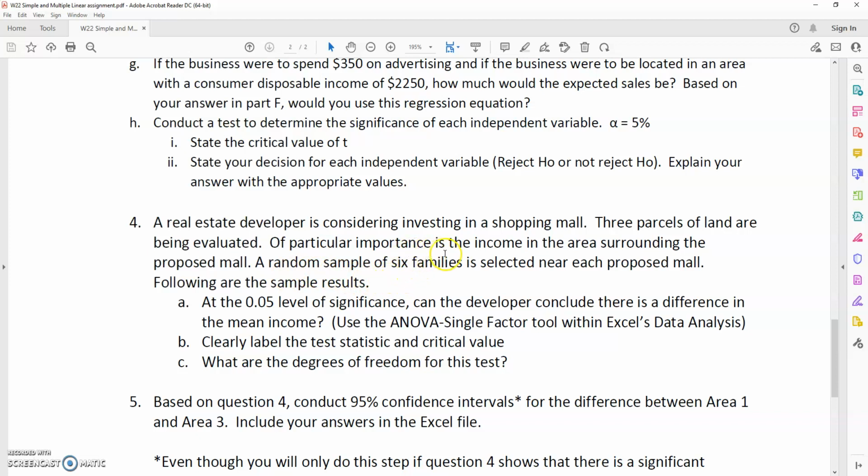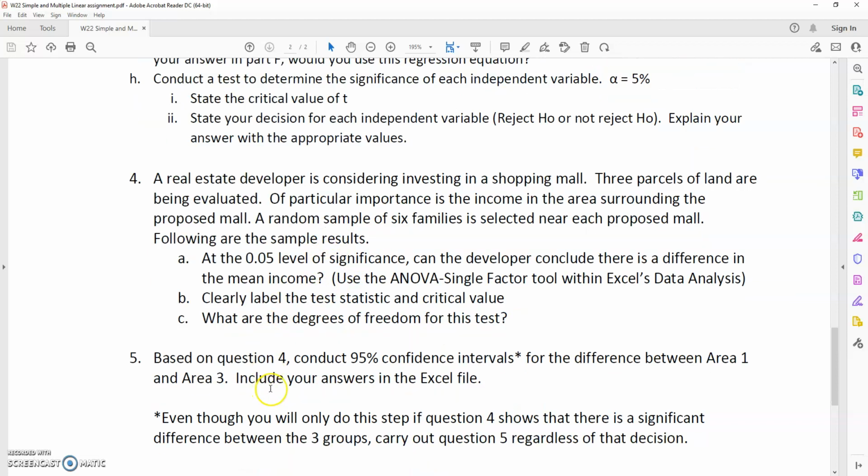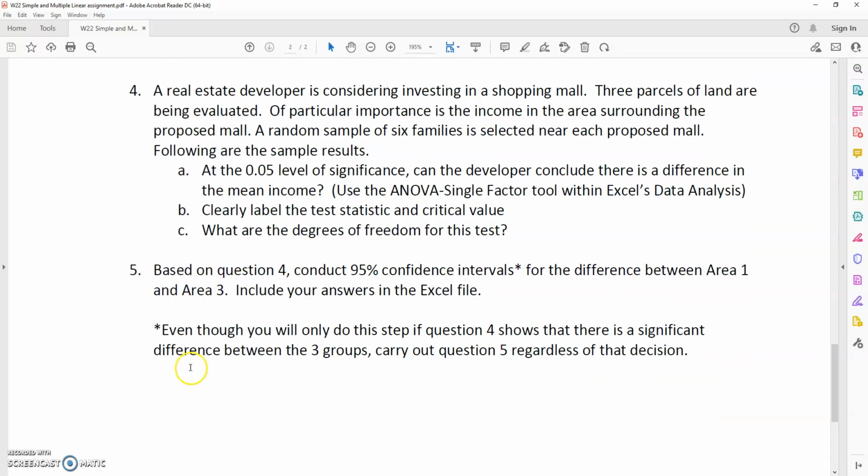Of particular importance is the income in the area surrounding the proposed mall, so they took a random sample of 6 families. We're testing at 5%, and if the decision is to reject the null hypothesis, we continue on to question 5 to do the confidence interval approach. We're going to do question 5 regardless of the answer in question 4, just for practice.